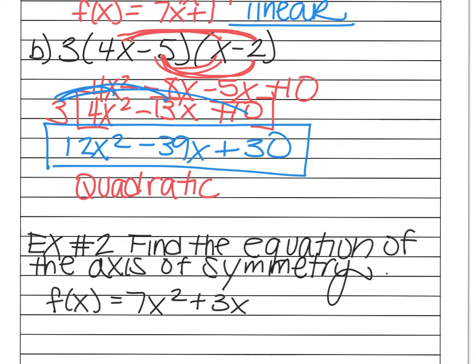So you want to look at what's connected to the x squared, and that is 12, and 12 is positive. So you have a positive a, which means that your parabola is happy, and so it's opening upward. It also means that it has a minimum point, which would be down here. It didn't ask that, I'm just throwing that in there just so you can see that.